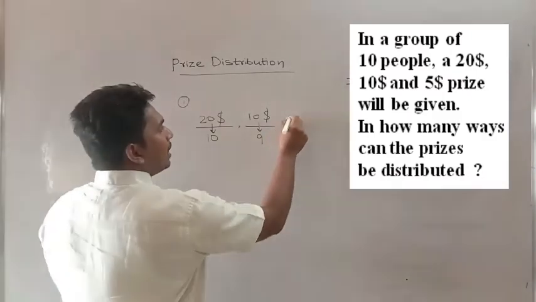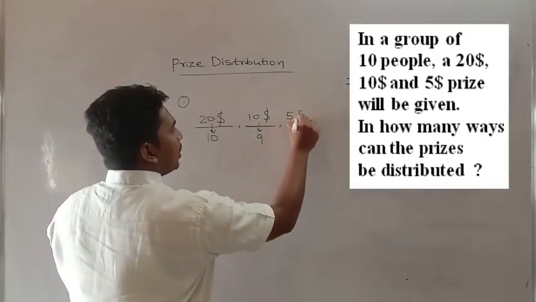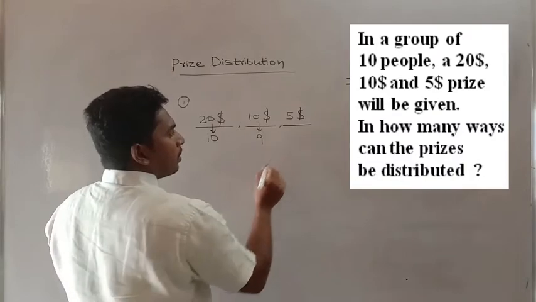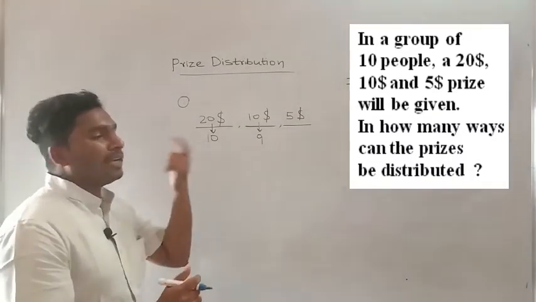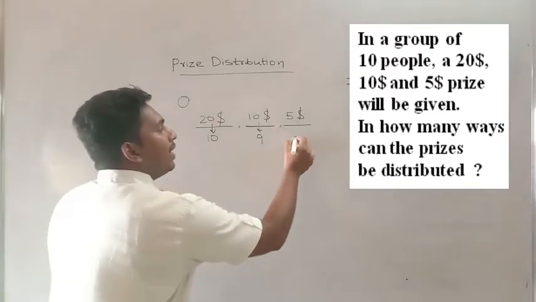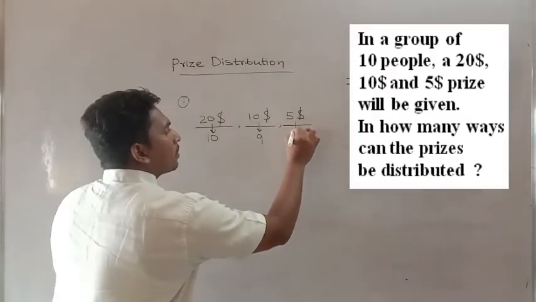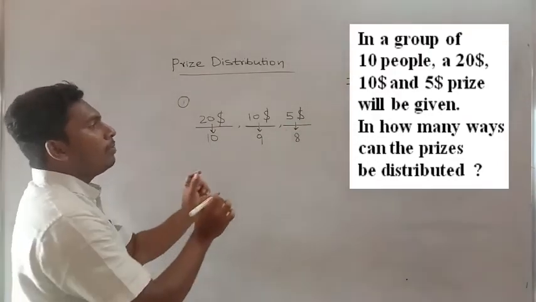Then the third prize, costing $5? Already 2 persons have got prizes. How many are remaining? 8 are remaining, and you have to multiply.